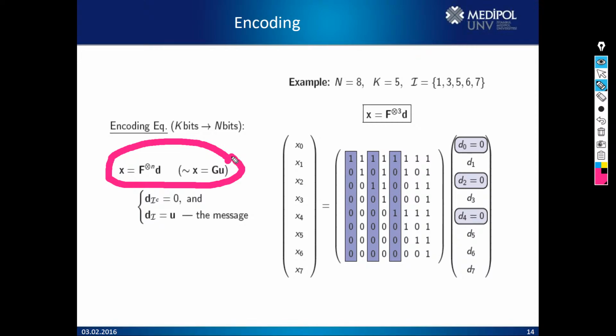Here in polar codes, instead of U we have D, and instead of G we have the kernel matrix of power n, and X is the code word or encoded sequence. The indices in the complement of I, you set to 0, and the indices of I, you use to put the information bits on them, as I showed you just now. So now you know how to encode.